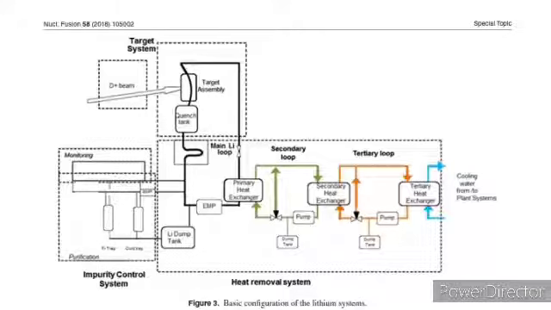The heat removal system comprises the main lithium loop and its dump tank, recirculating the lithium between the TA and a heat exchanger, and a secondary and a tertiary oil loop transferring the heat to the plant general cooling water system.